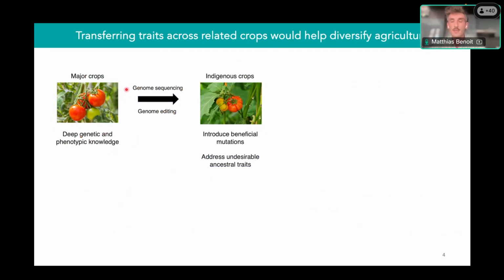Using genome sequencing and genome editing, technologies that have improved immensely over the last few years, it's commonly assumed that we could transfer the knowledge from those major crops to indigenous crops, introducing beneficial mutations to make them more suited for wide-scale food production, and also removing undesirable ancestral traits that could be limiting yield, for example.